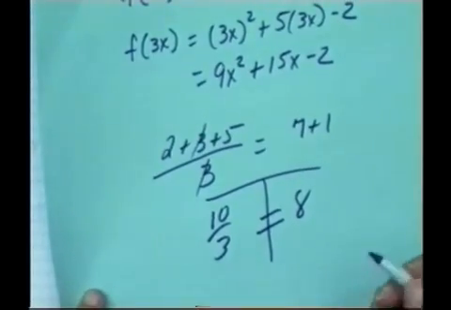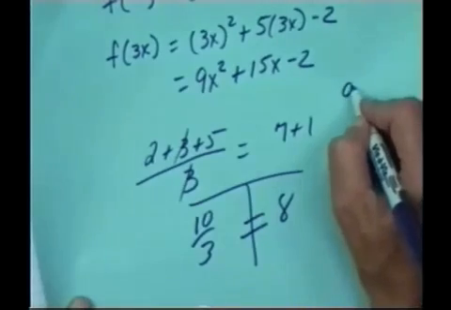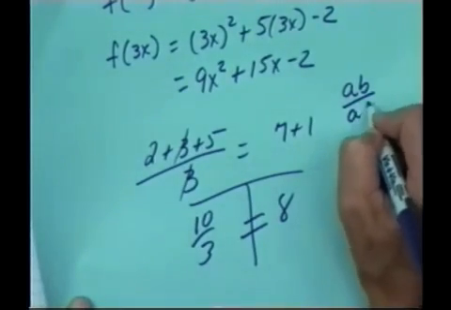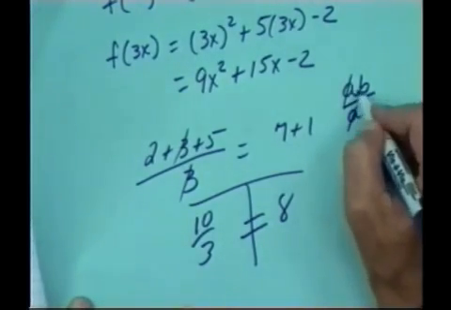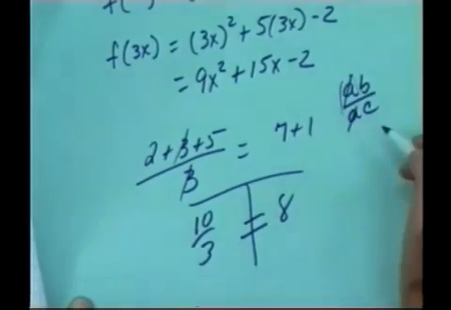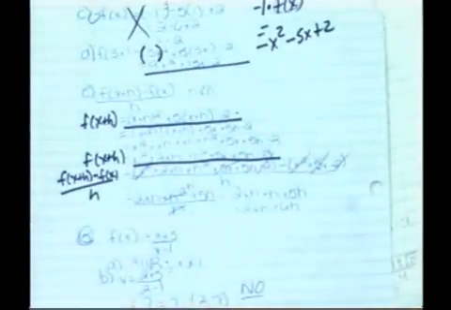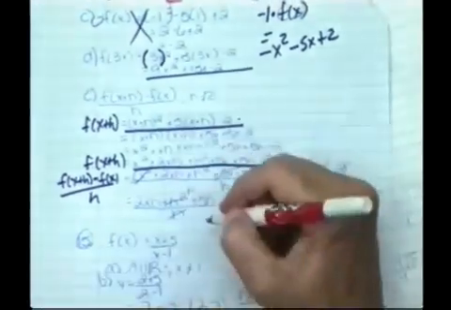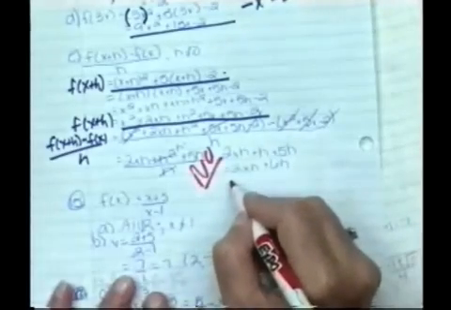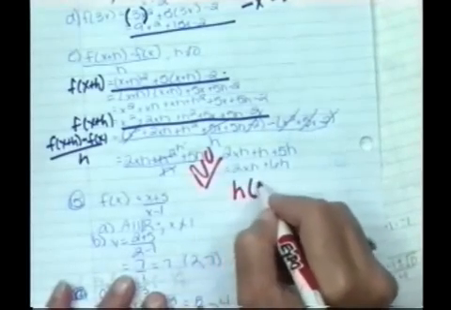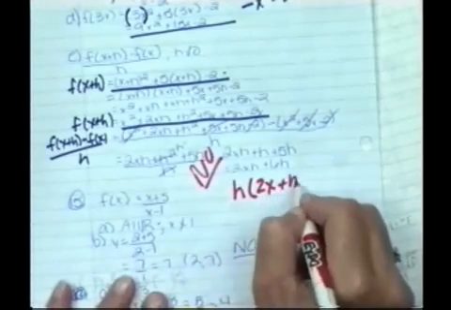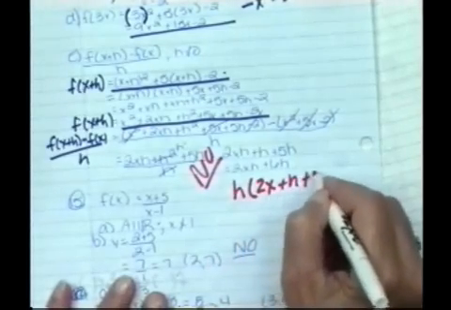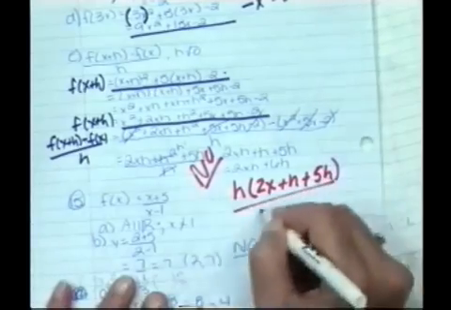The only way you can divide out is when everything is multiplied, because A over A is like 1 times B over C. So I'm going to use a big old red on this one. No. You got to come back here and say h times 2x plus h plus 5h over h.